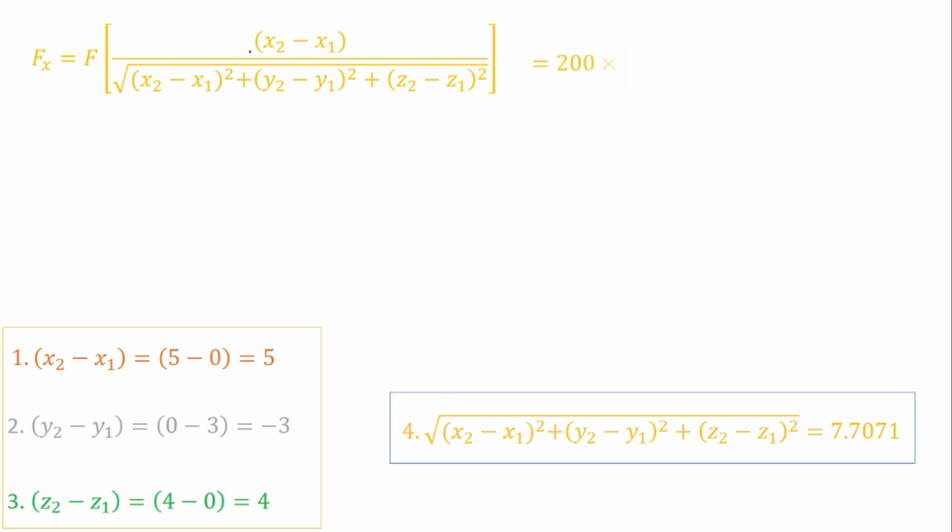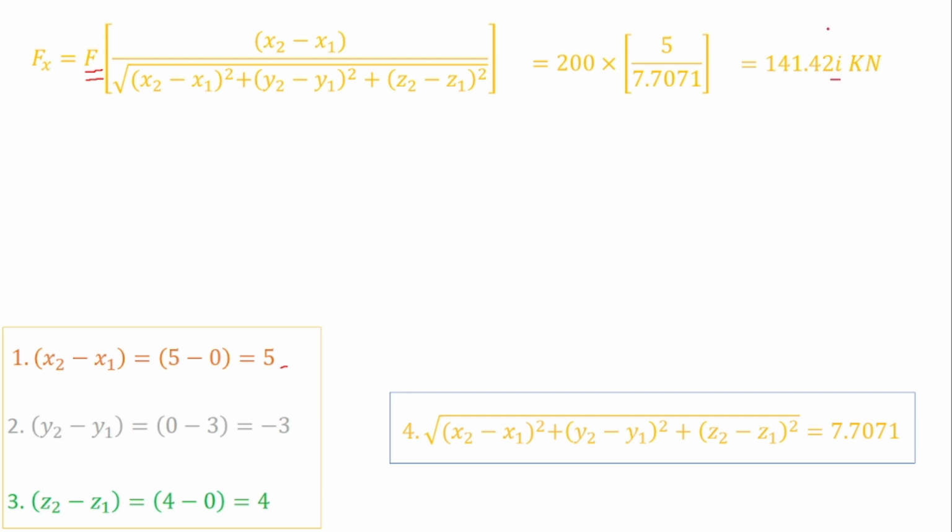Here we'll put the values. The magnitude F is given, it is 200 kilonewton into (x2 minus x1) 5 divided by the square root of all those things, it is 7.071. Put the value here, find the value. So the answer is 141.42 i kilonewton.